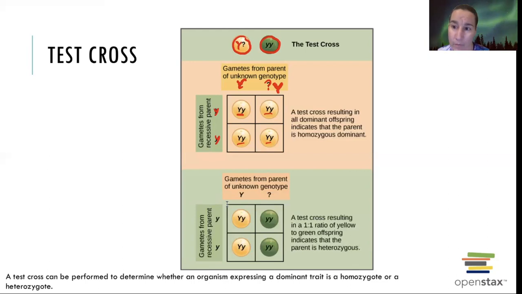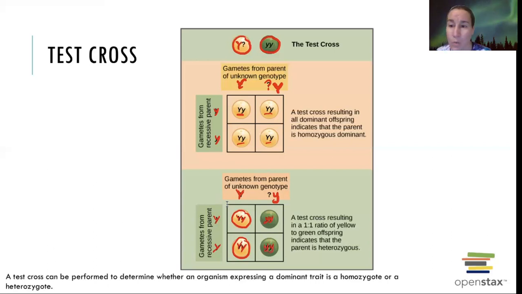But maybe when we cross our yellow pea with the green pea, that outcome gives us this: a capital Y and a lowercase y, so these are always going to be yellow because we got the one dominant gene. But what if the unknown second chromosome for that yellow pea was recessive? Then we would end up with two lowercase y's.